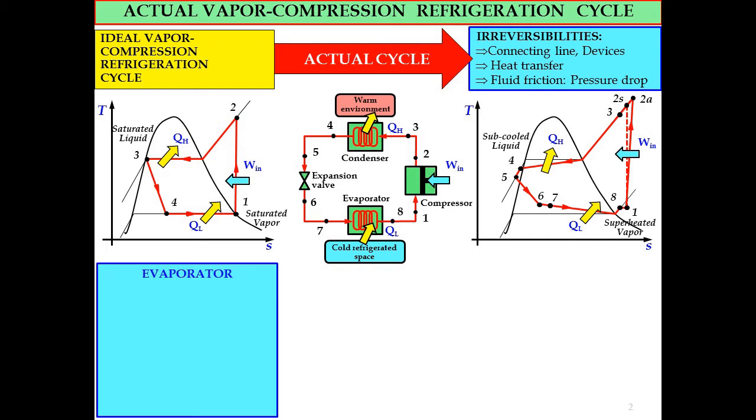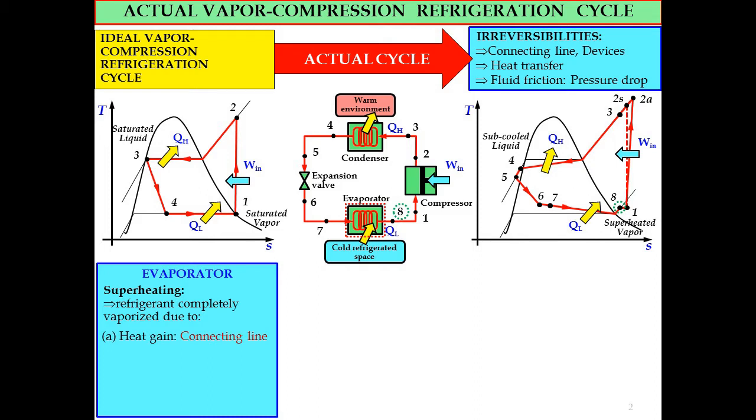If you look at the evaporator, a preheating process will occur where the refrigerant completely vaporizes due to a few factors. In the actual one, at the outlet of the evaporator, especially state 8, the phase of the refrigerant is superheated vapor.